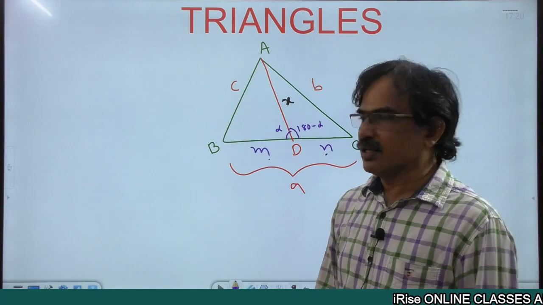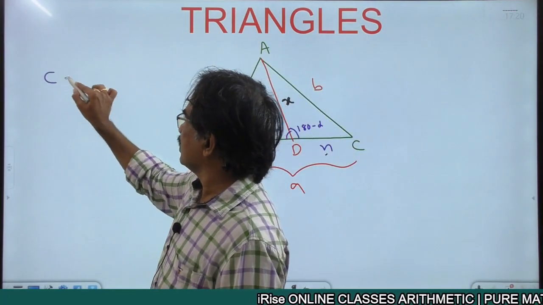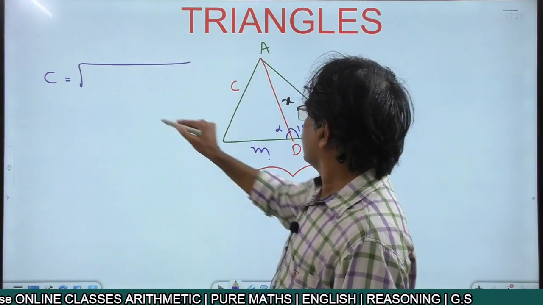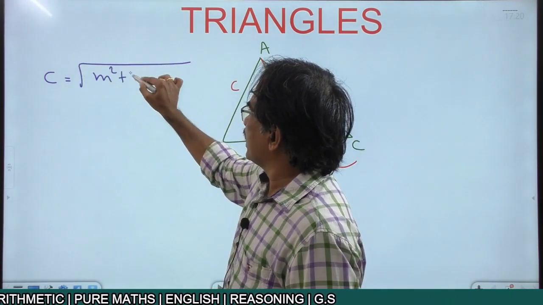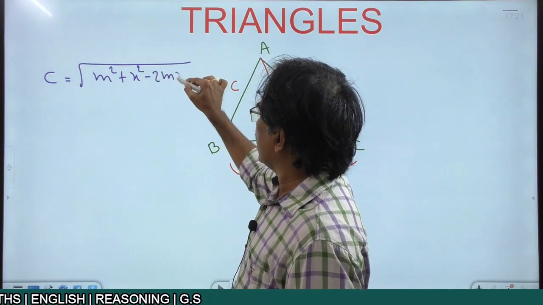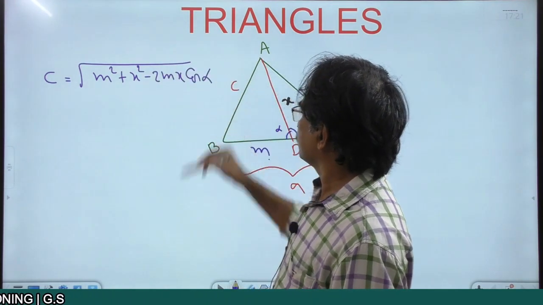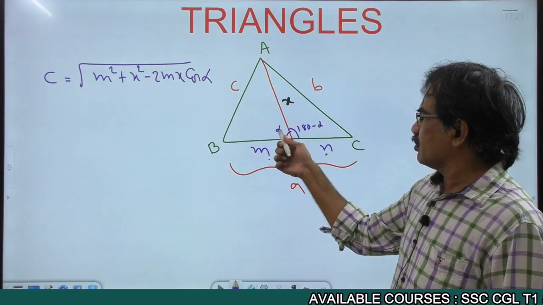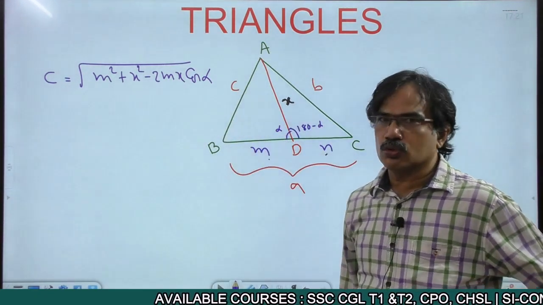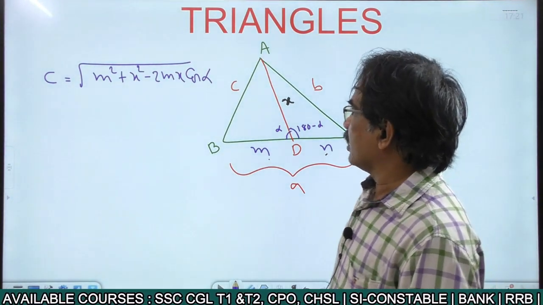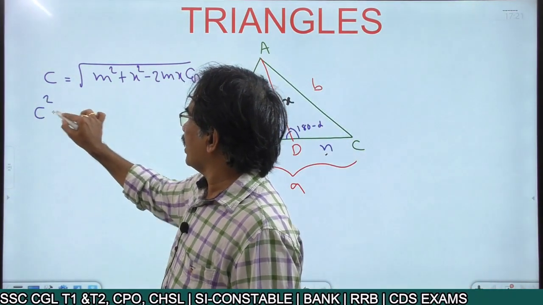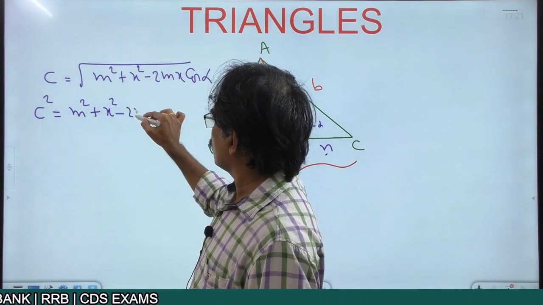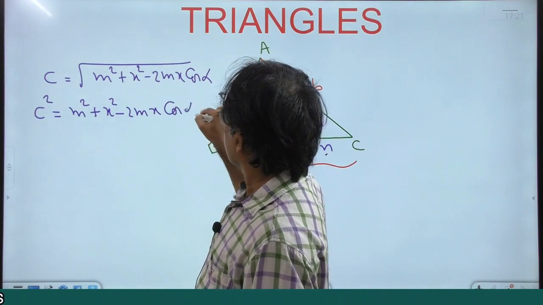We can find the third side of the triangle: c is equal to root over m square plus x square minus 2mx cos alpha. So c square is equal to m square plus x square minus 2mx cos alpha according to the cosine rule.